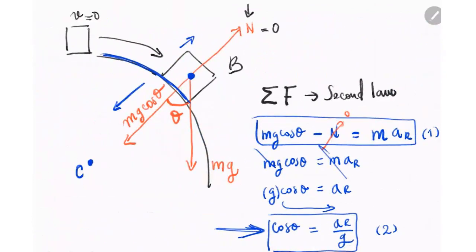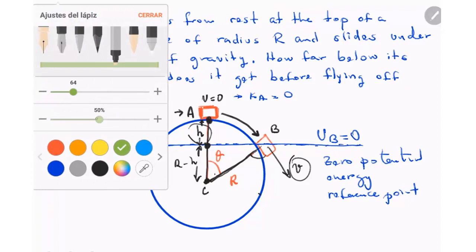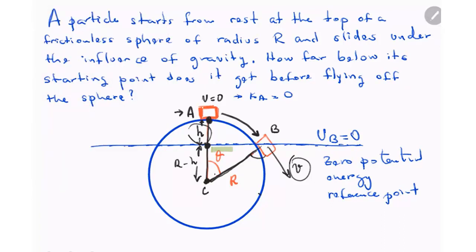But we come back to the initial figure, and if we see this triangle, this green triangle, I am highlighting it.